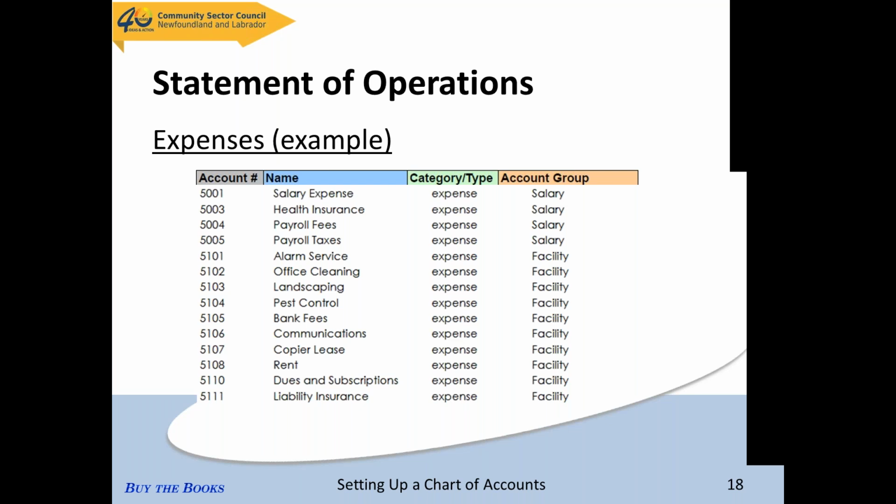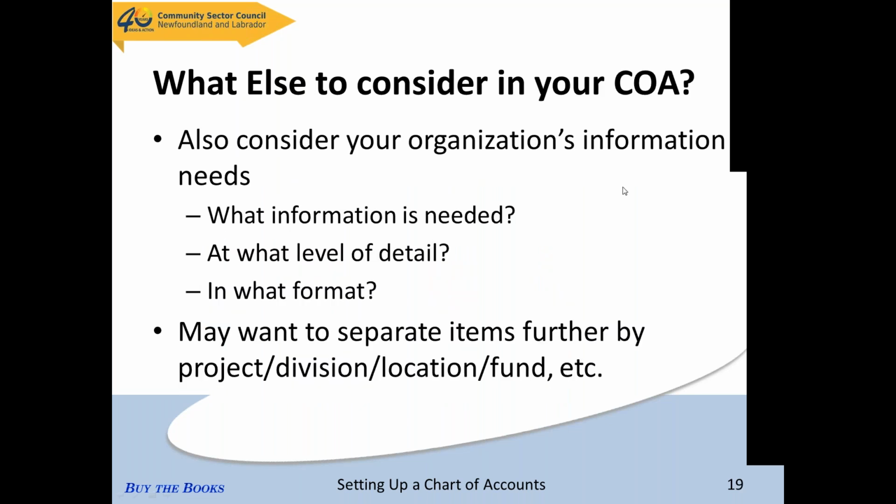So this chart can be as simple as you require or as detailed. You really want to consider what your information needs are. So consider things like what types of reports the board might ask for and what level of detail would be in those reports. That is a good way for you to think about what level of detail you need to have in your chart of accounts.